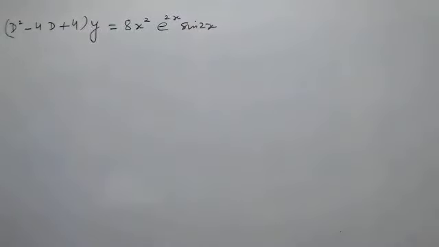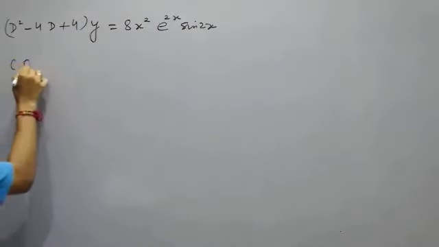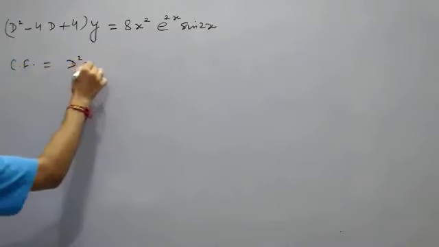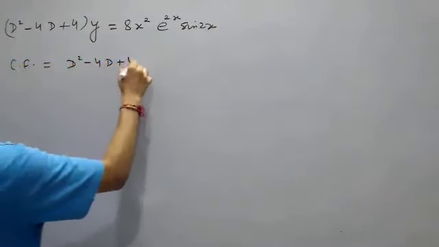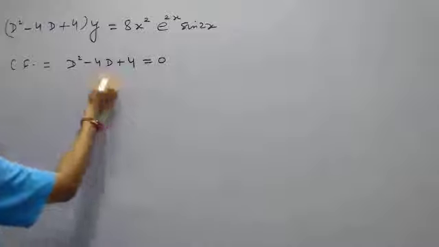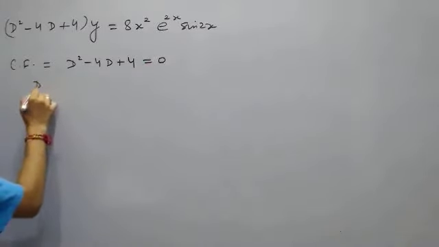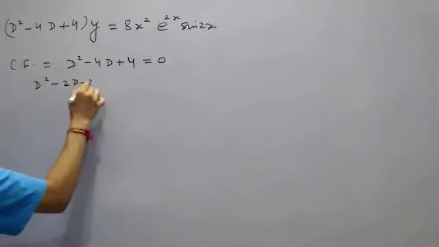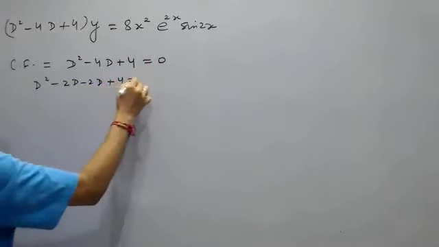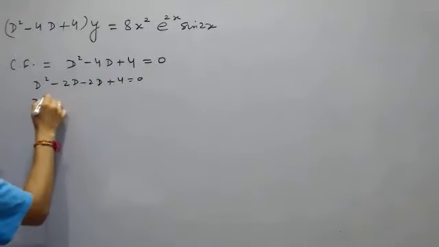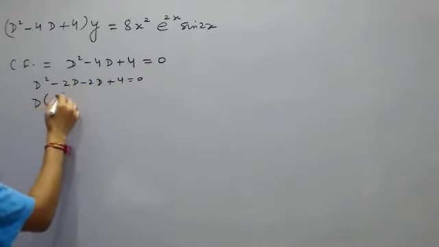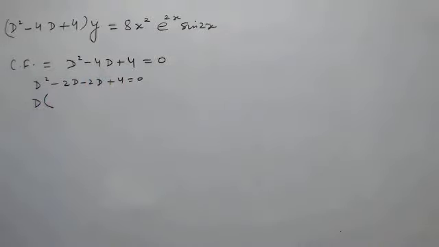So I can solve it in many ways, but let me just follow the standard procedure. So complementary function will be given by D square minus 4D plus 4 is equal to 0, and it will be D square minus 2D minus 2D plus 4 is equal to 0. So this is simply D minus 2 whole square.